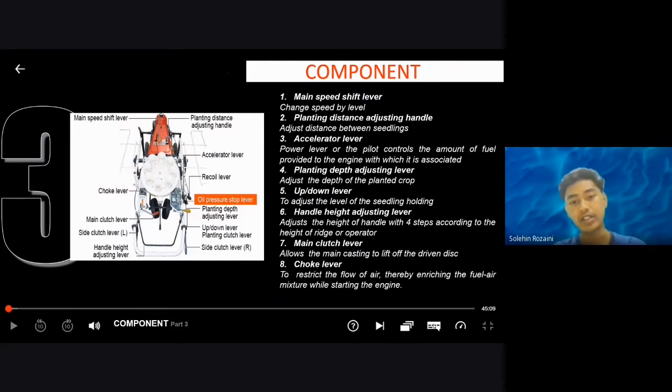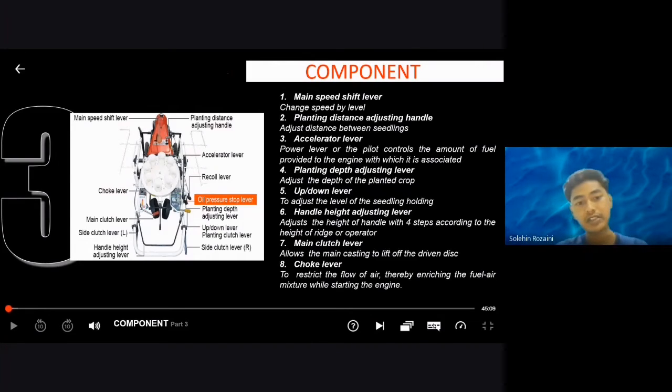Okay, the next is the up down lever to adjust the level of the seedling holding. Next, the handle height adjusting lever to adjust the height of the handle with four steps according to the height of each operator, because everyone has a different height.